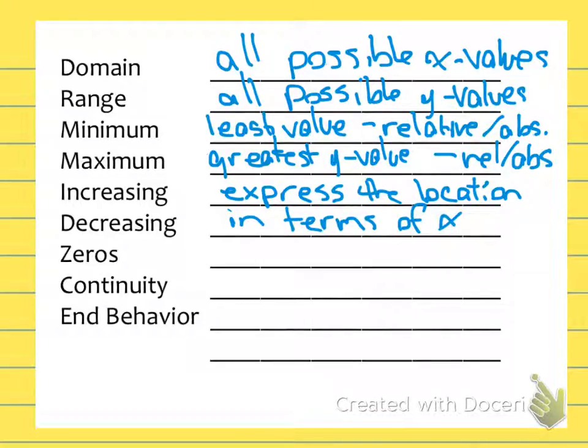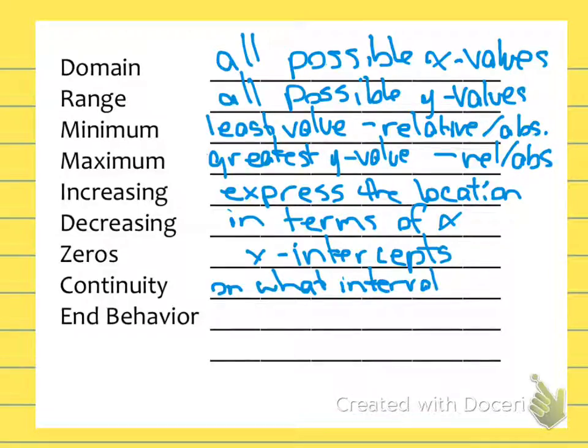Zeros, essentially we're talking about x-intercepts, the points where the graph intersects with the x-axis. Continuity, we want to identify on what interval there is continuity. So we want to know about the interval in terms of x.